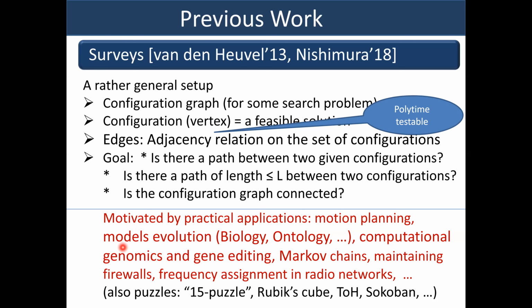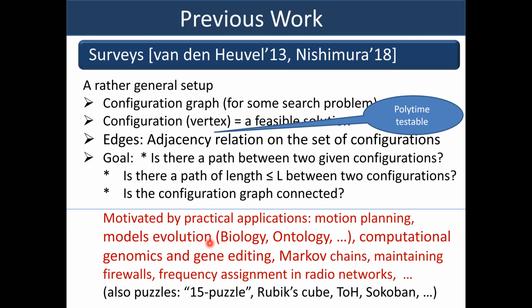Reconfiguration problems could also model evolution, and this has been done in ontology evolution and biology evolution, and it's very intimately related to questions in computational genomics and gene editing in particular.